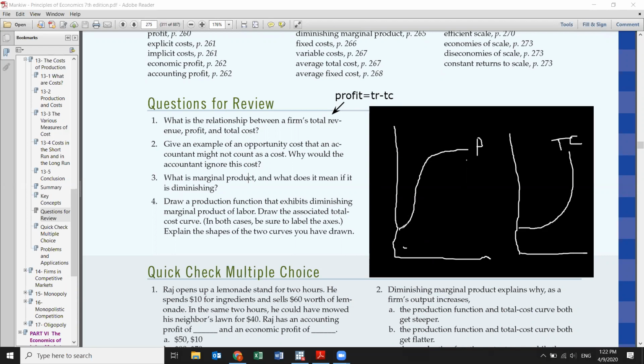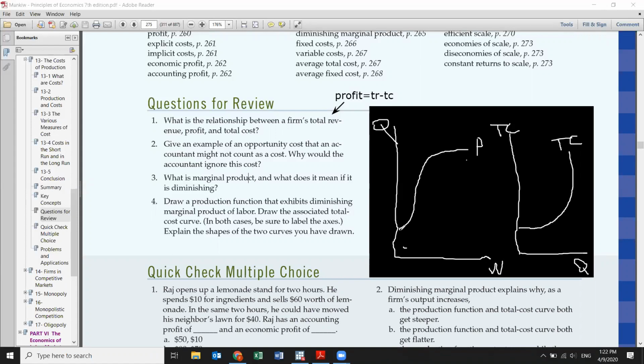So as we said, as you proceed with the output, workers, total cost, or this is output as well. So this is quantity, and this is quantity. This is workers, and this is total cost.